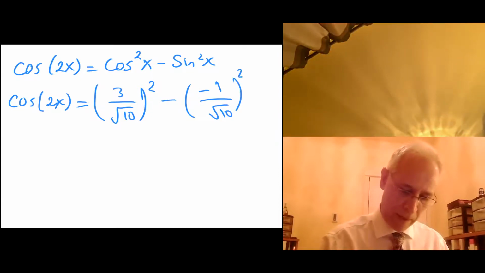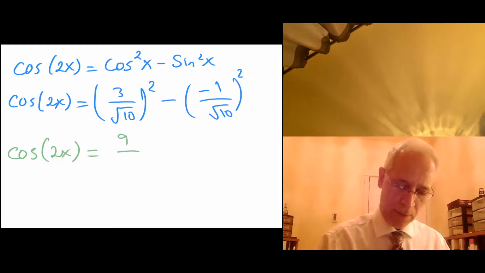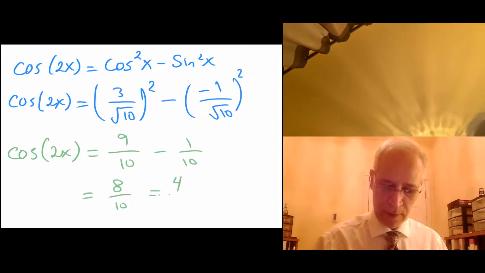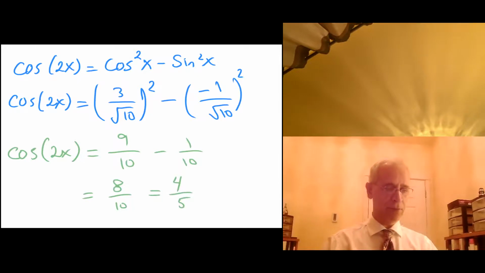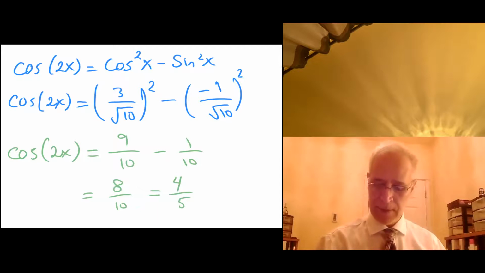So cosine of 2x equals 9 over 10 minus 1 over 10. That equals 8 over 10, and that gives me 4 over 5. How about tangent of 2x?